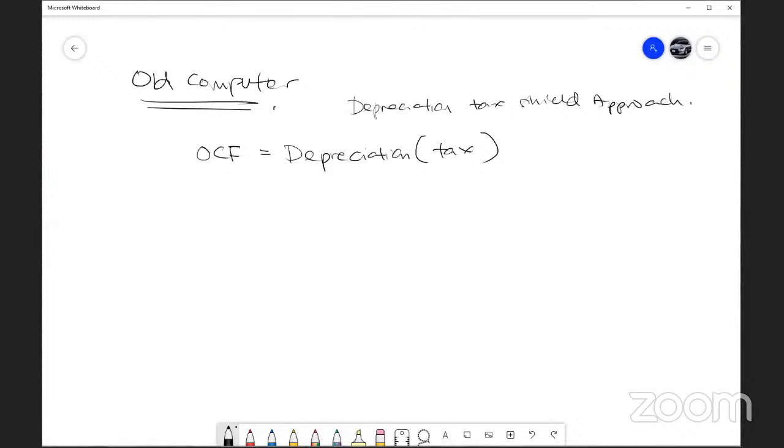All right, because your old computer got nothing else, no extra income coming in, no extra costs occurring, no operating cost saving, or no maintenance or whatsoever. So basically just depreciation. So the OCF consists of depreciation multiplied by tax. Okay, so this one will be 34,200. This is your OCF for your old computer.